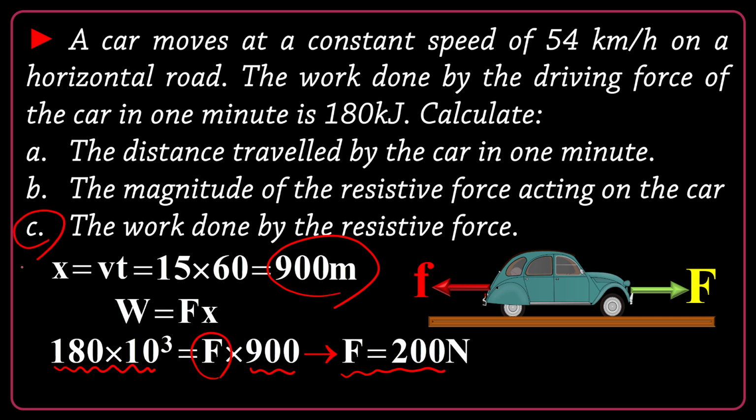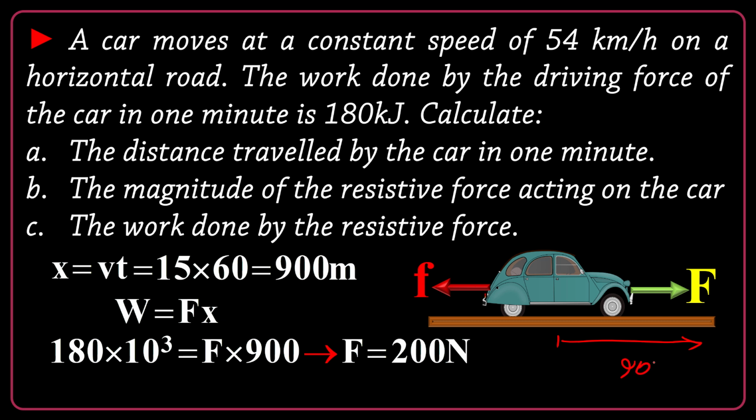Part C. The work done by the resistive force. Guys, be very careful. I have a displacement of 900 meters, x, a forward force of 200, and also a resistive force of 200 to the left. Why? Because as I mentioned, the car is moving at constant speed. Here there is a very easy approach.